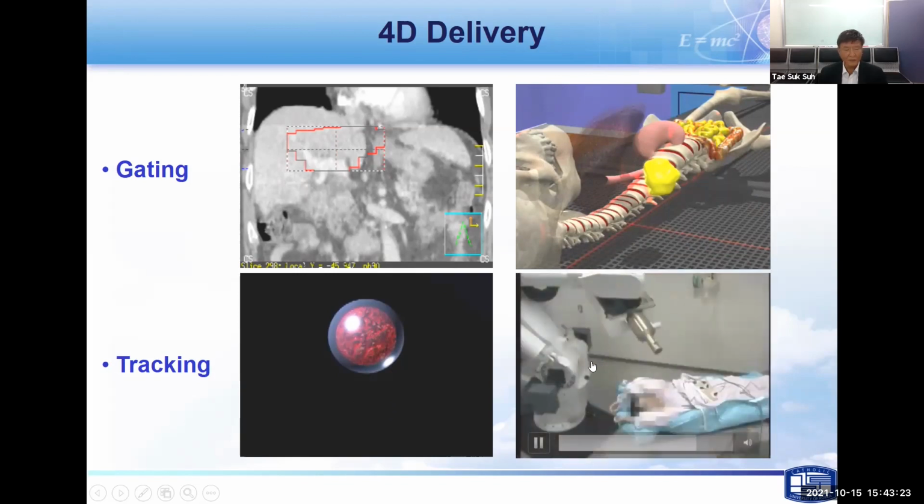So I would like to show some research work regarding DMLC, dynamic MLC tracking, conducted in collaboration with the Stanford research teams a few years ago.